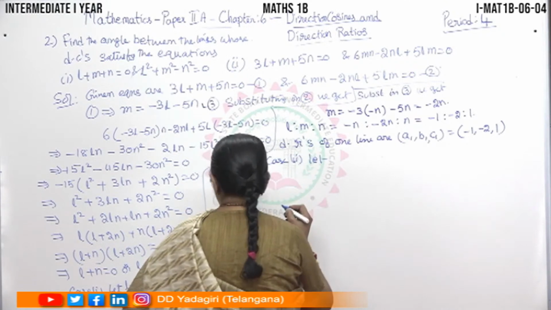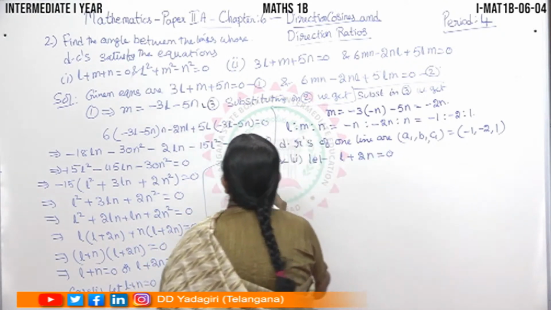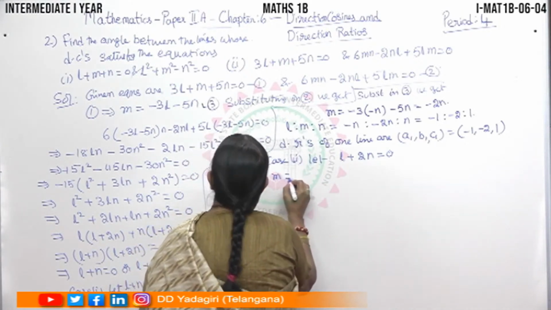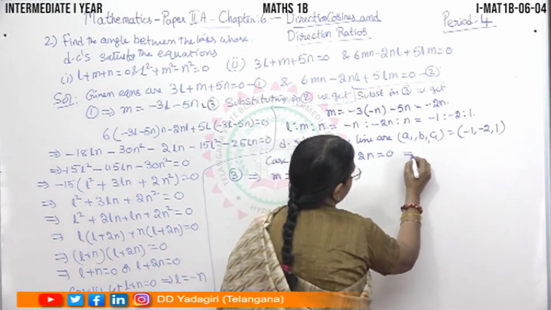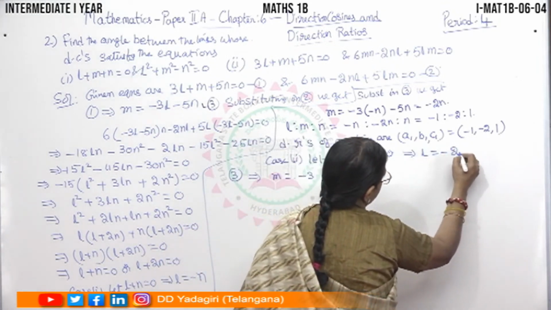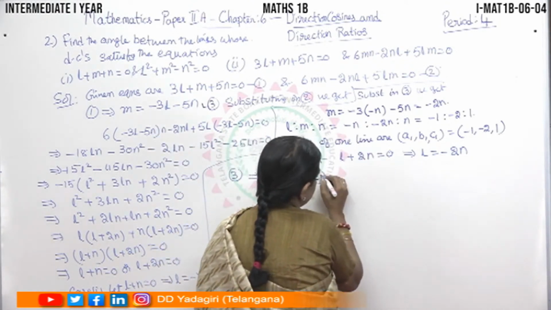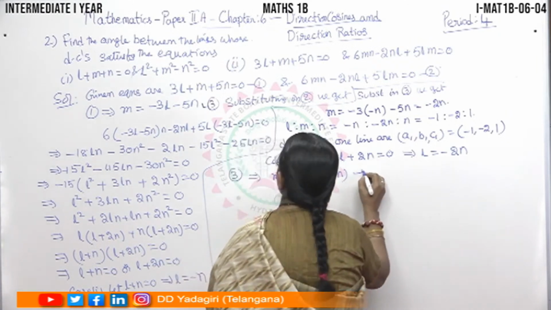Suppose that L plus 2N is equal to 0. Now substituting in equation 3 we'll get M is equal to minus 3. From this we'll find out L. So L is equal to minus 2N. Okay, so minus 3 into L, L is minus 2N, minus 3L minus 5N.